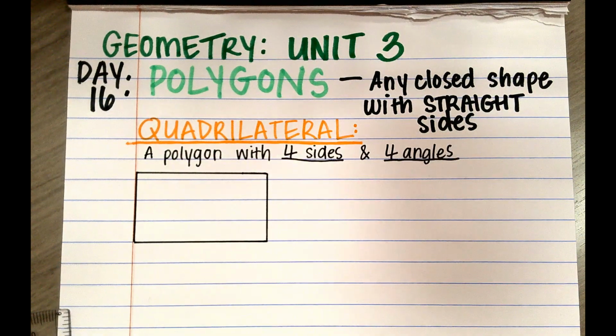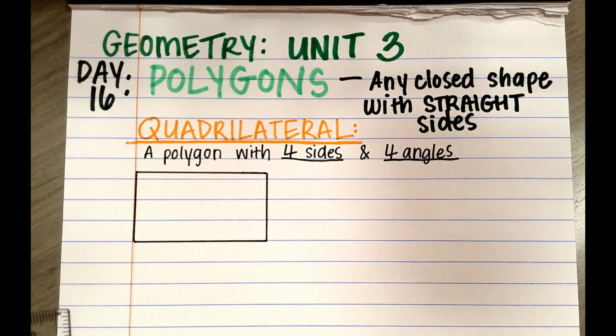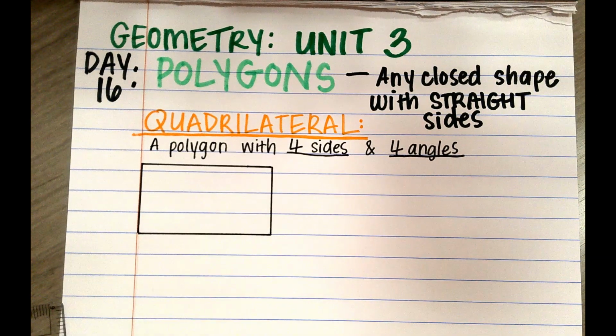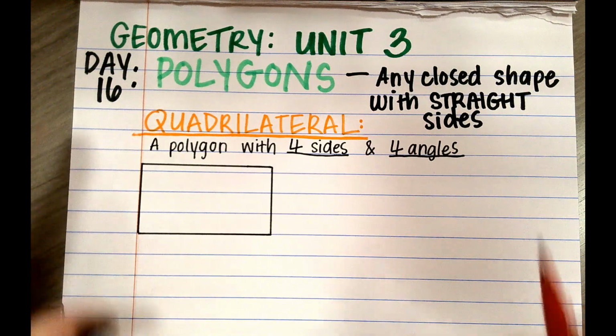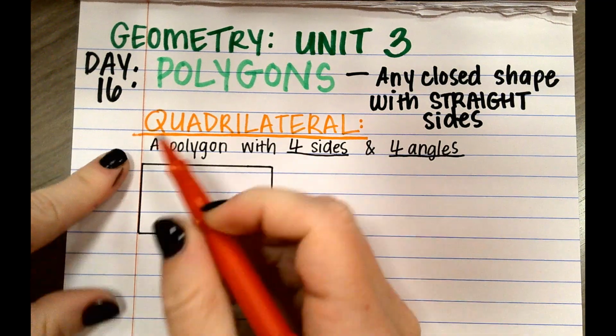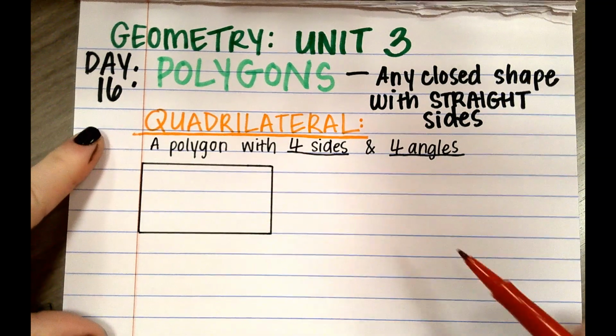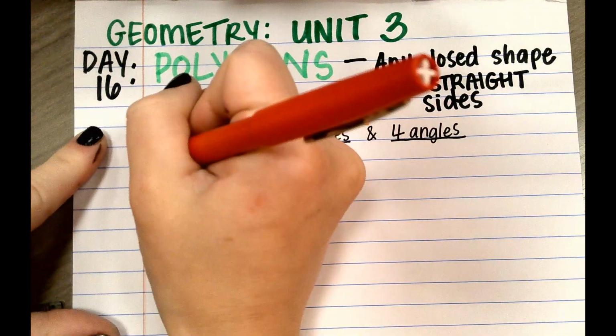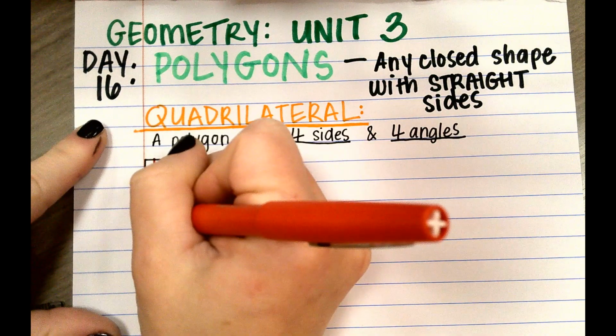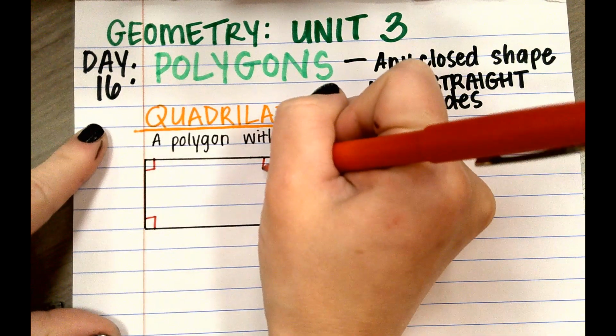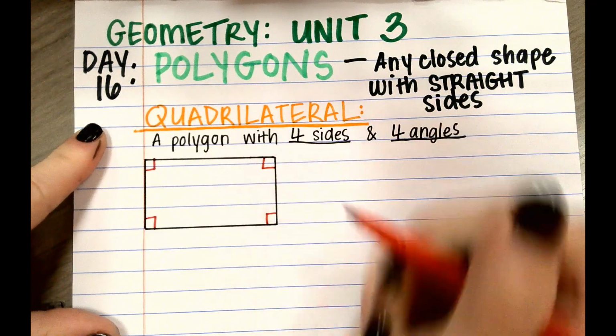Here's my rectangle. 4 sides, 4 angles. And there's something special about the angles in a rectangle. How many degrees do you think each angle is? 90. 90, exactly. So I have 4 90-degree angles.